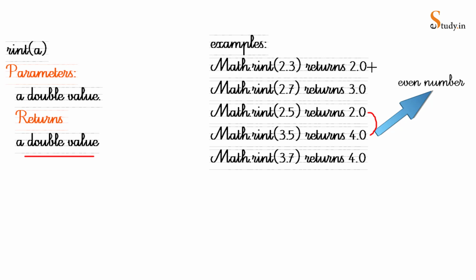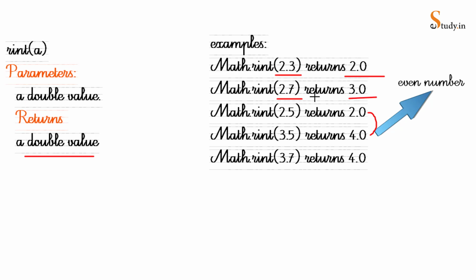Now the next difference: Math.rint(2.3) returns the same thing. In some situations it will work the same way as the round function. So when you say 2.3, because it is less than 0.5, it returns 2.0. When you say 2.7, because after the decimal we have a number greater than 5, it rounds it up. So if the decimal part is less than 5, it is rounded down.